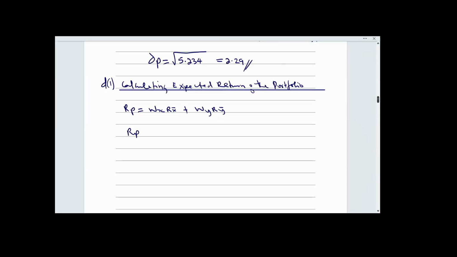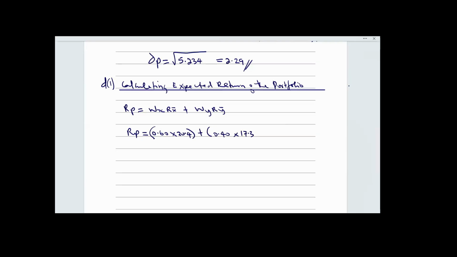So we are investing 60% on X. We calculated expected return on security X to be 20.4. Then plus, we are investing 40% on security Y multiplied by expected return on security Y, which is 17.3, right?